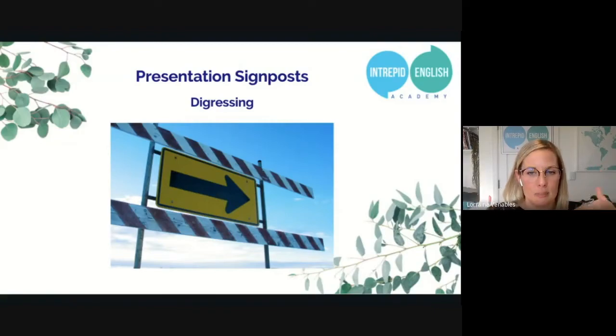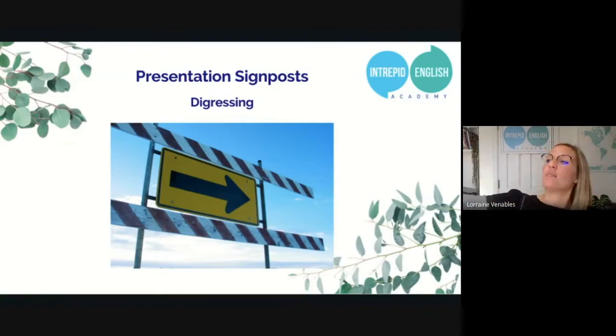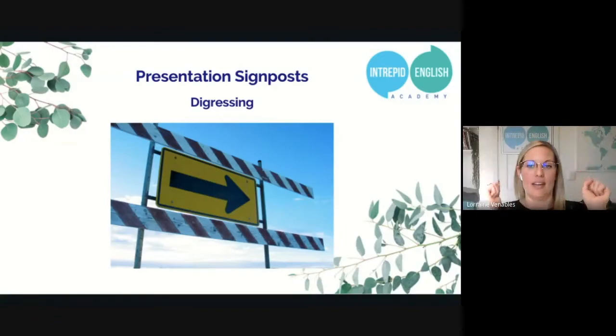Maybe you've explained something and you think maybe that wasn't clear. Maybe the audience is looking a bit confused. Or maybe you've said to them, you know, ask me a question at any time, and somebody has asked a question, so you need to digress to answer it. Okay. Most commonly, digressing is just explaining something a little bit deeper in the moment, but you haven't necessarily planned it.